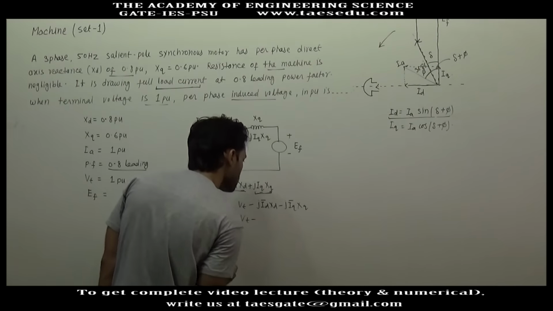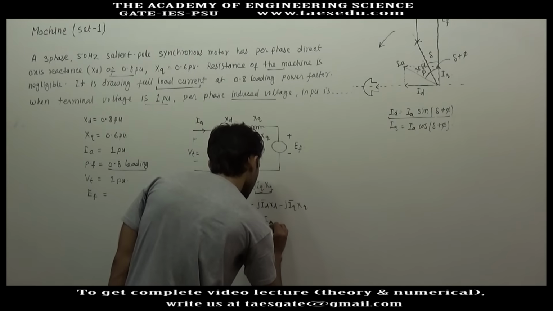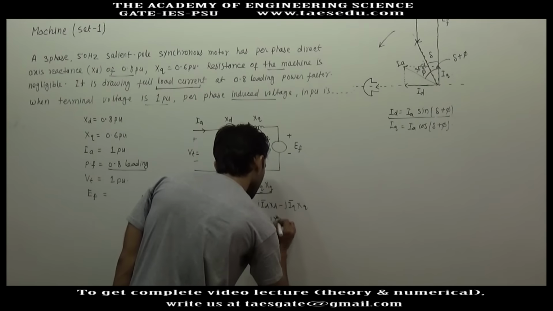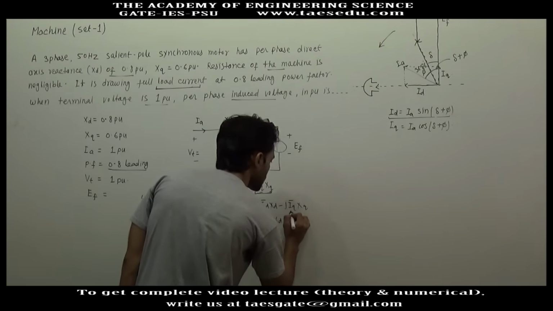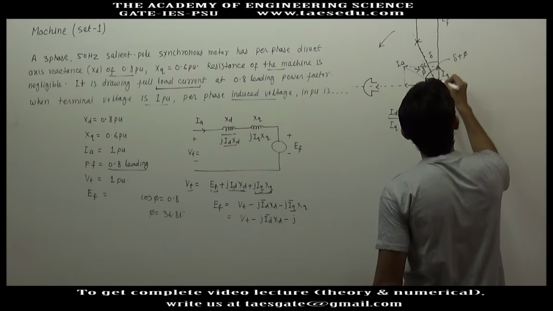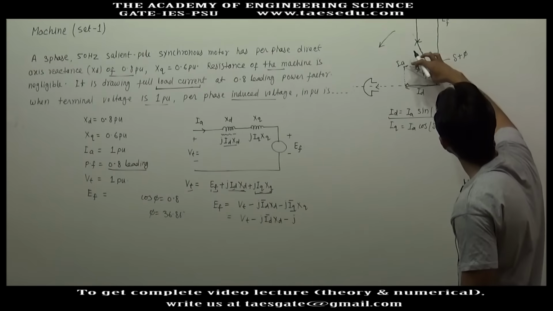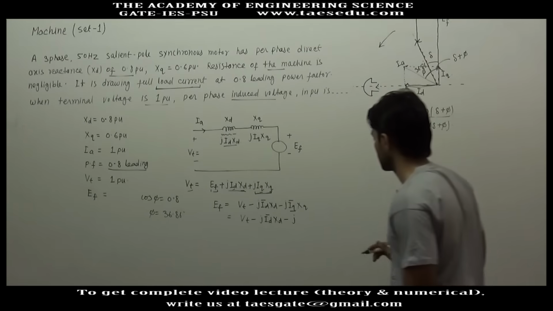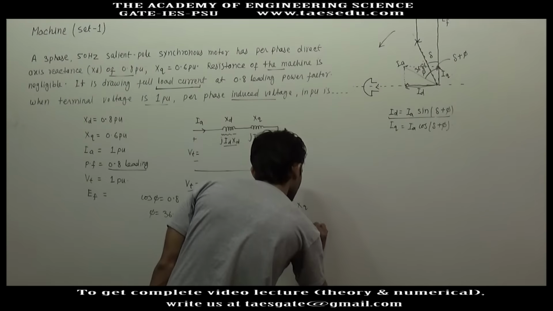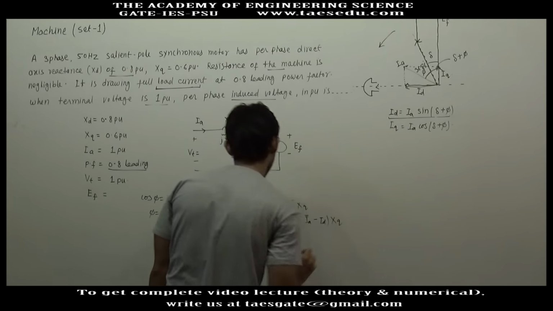Vt minus jIdXd minus jIqXq. Let us write this: the vector sum of Iq and Id will give you Ia. So Iq can be written as the vector Ia minus Id. This is Ia vector minus Id vector into Xq.